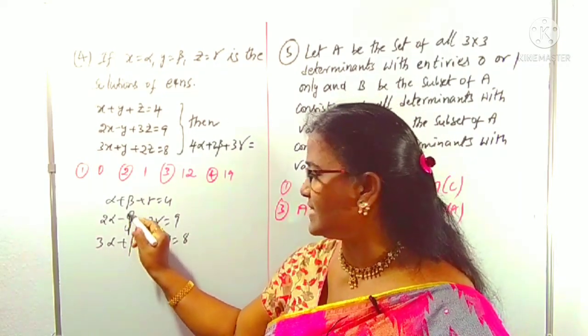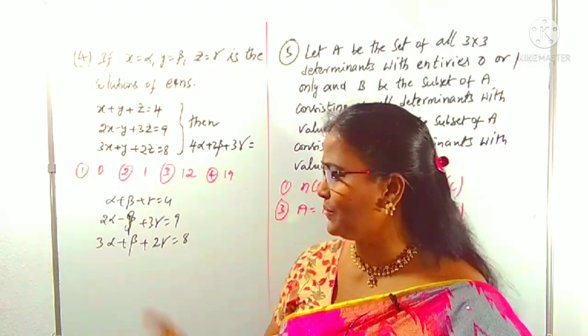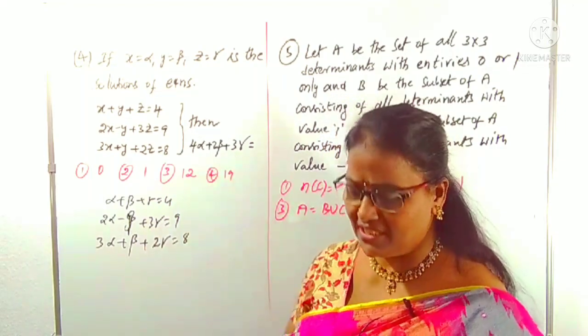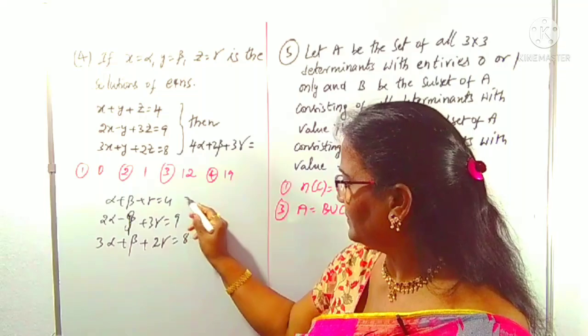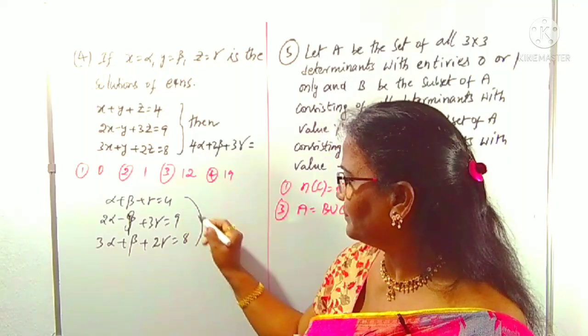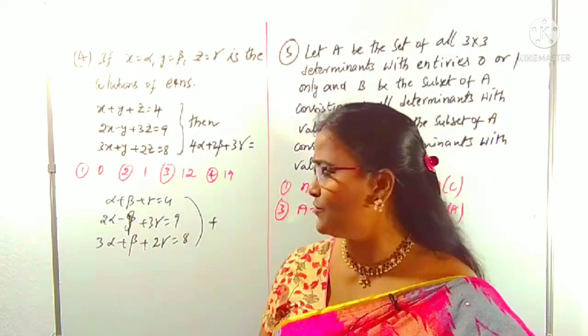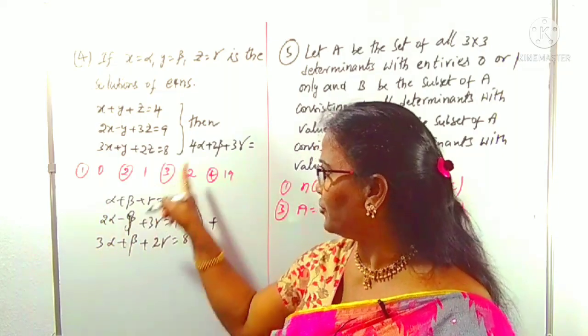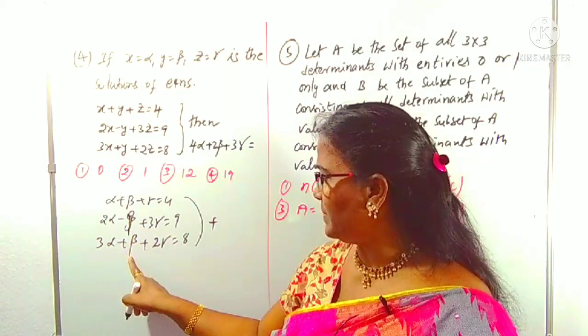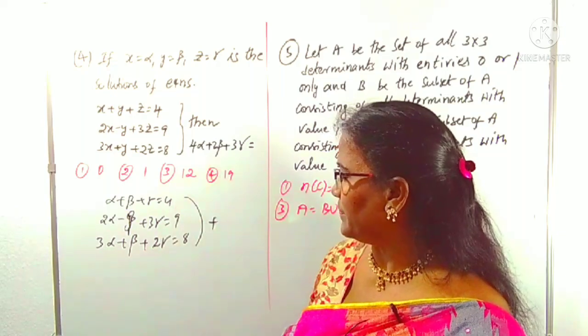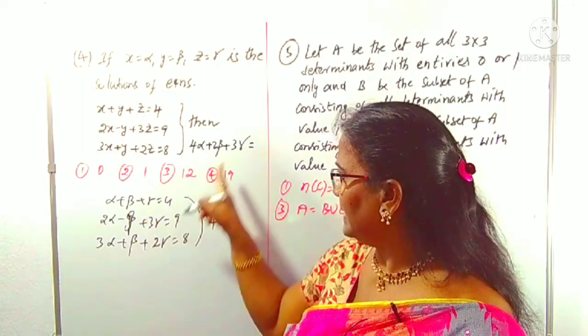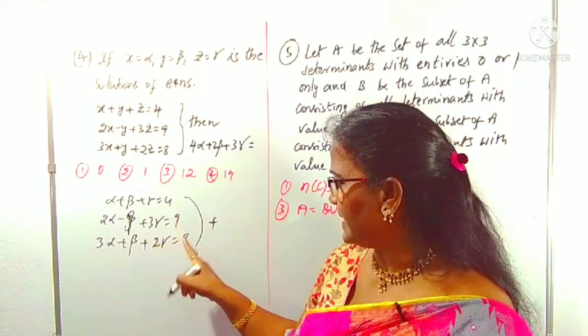We have 3 equations like this. When alpha, beta, gamma are roots of this equation, to get this solution, shall I add 1 and 3? If you add these two, what happened? Alpha plus 3 alpha, 4 alpha. Beta plus beta, 2 beta. Gamma plus 2 gamma, 3 gamma is equal to how much? 4 plus 8 is 12.